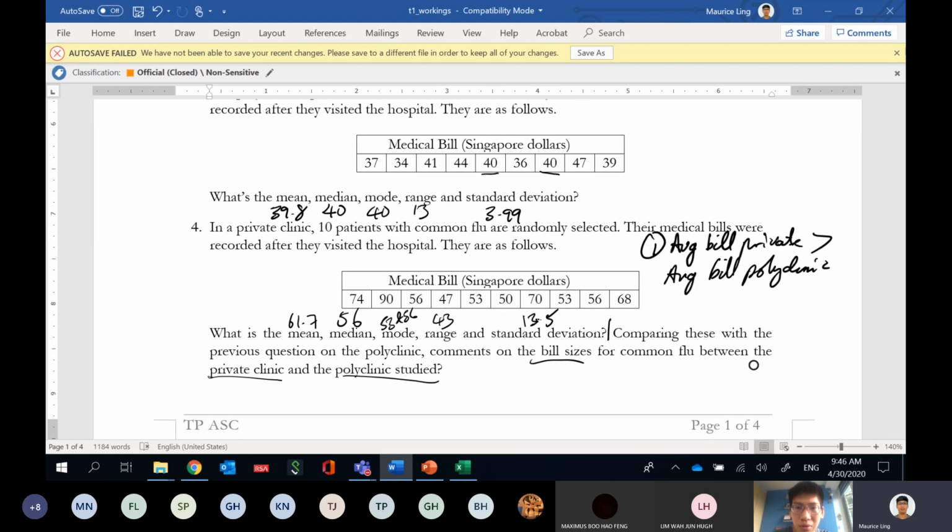It doesn't mean that saying too many things is good. Second is, can you comment about the range? Which one has a larger range? The private clinics, sir. So you have range and standard deviation, right? So the range of bills in private is also larger than the range of bills in polyclinic.